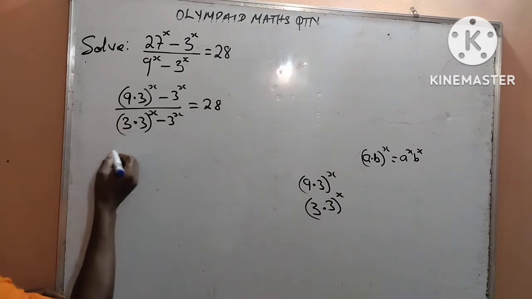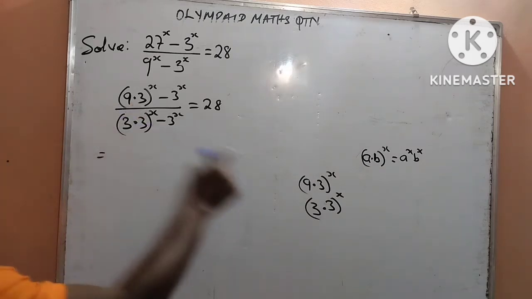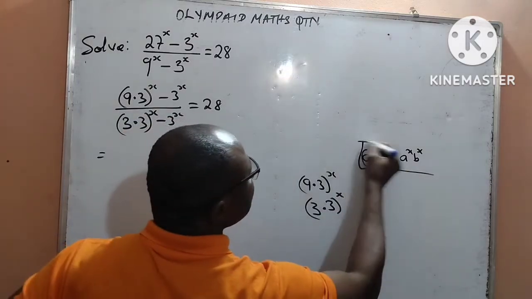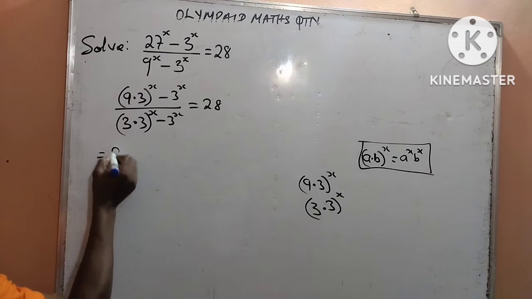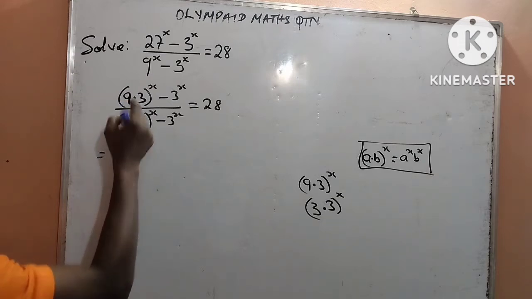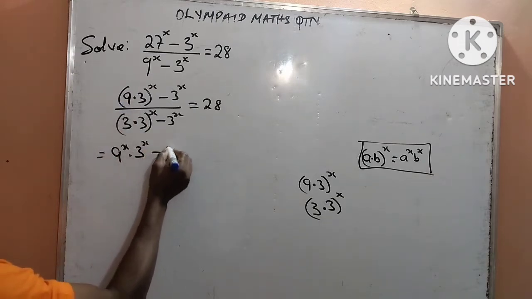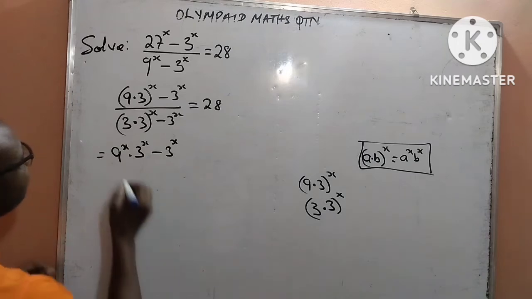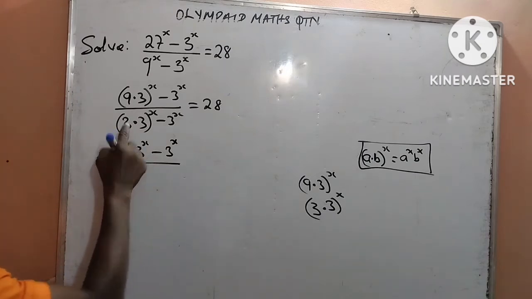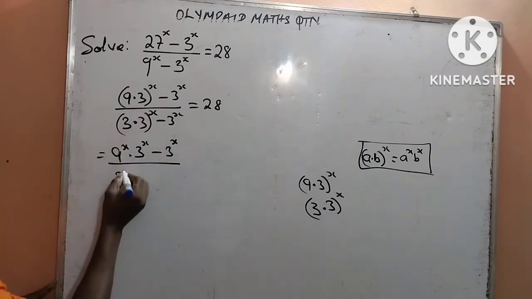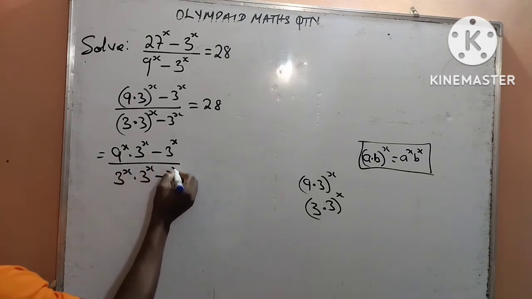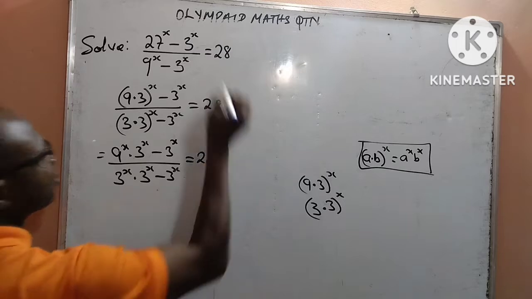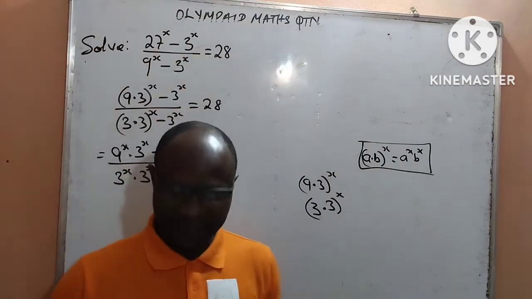Opening the bracket here, I will now do exactly what I have said, and that implies 9^x multiplied by 3^x minus 3^x, and at the denominator I shall have also 3^x multiplied by 3^x minus 3^x, everything equal to 28.